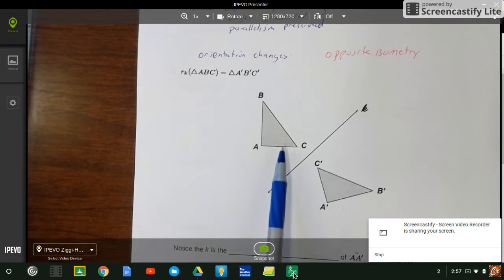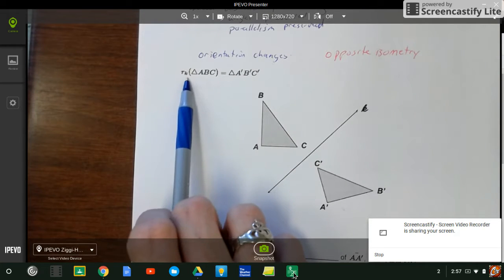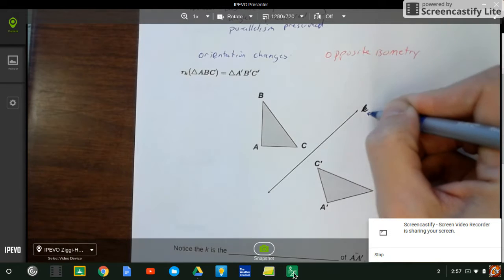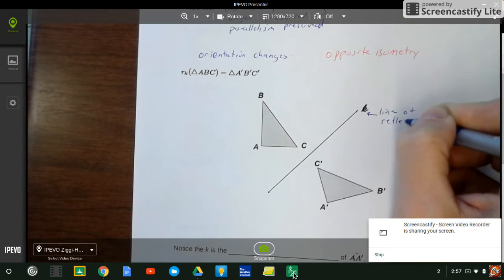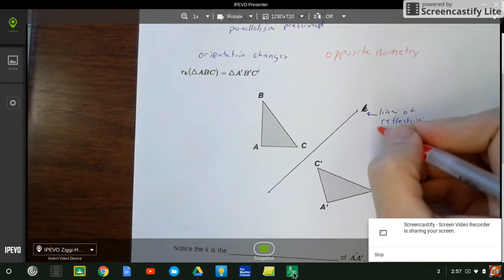So here we see, there's my pre-image, and then it reflects over line K, so reflection over line K of the pre-image gives me my new image. Okay, so this is my line of reflection. Some people actually call it a line of symmetry.